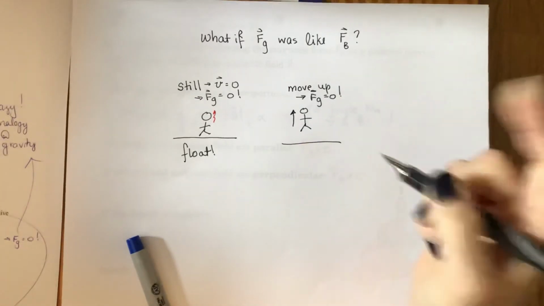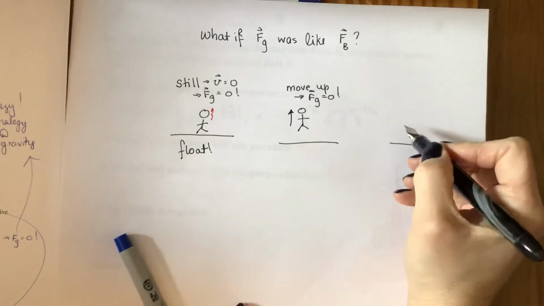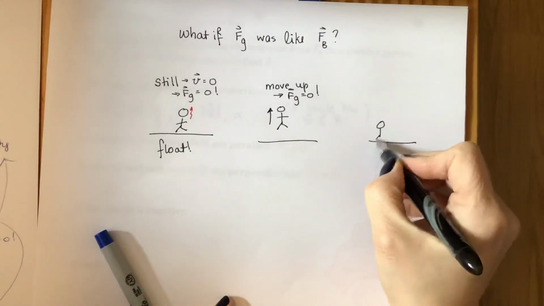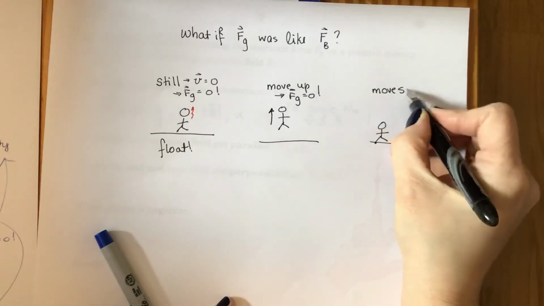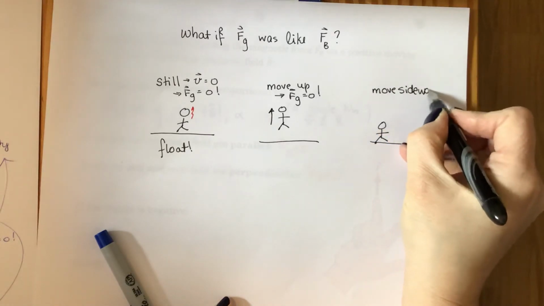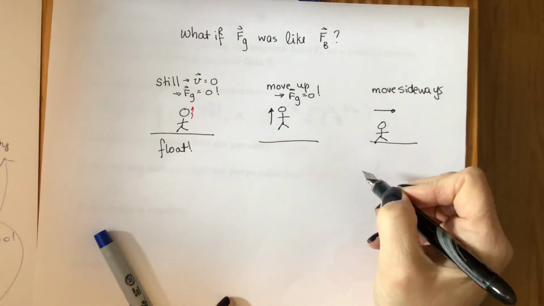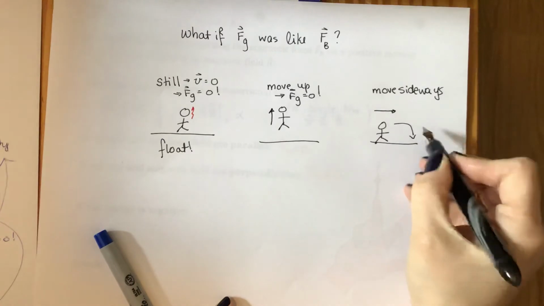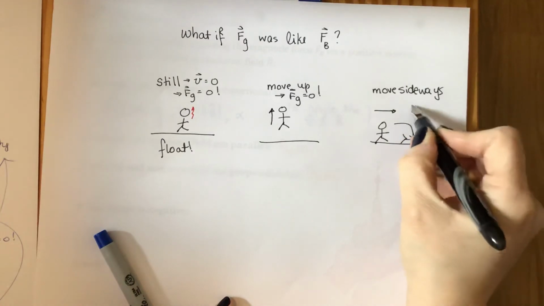Well, what if you start to move sideways? As soon as your velocity went this way, you would fall over because gravity would then start to happen. So you move sideways, Fg is not 0, you fall down.